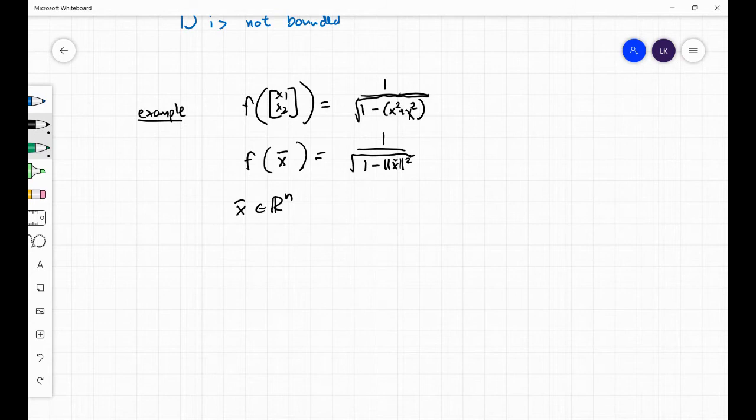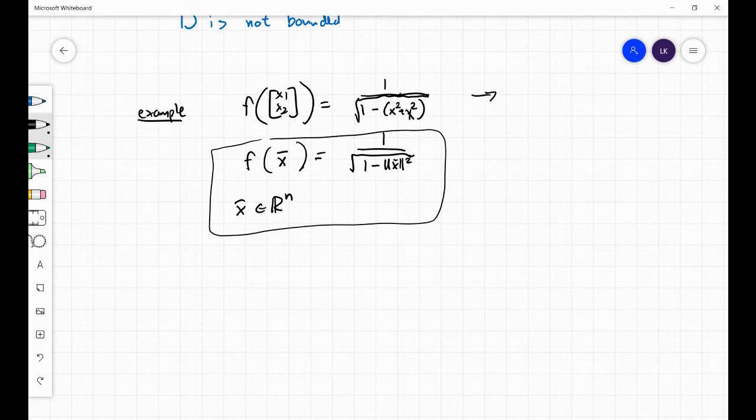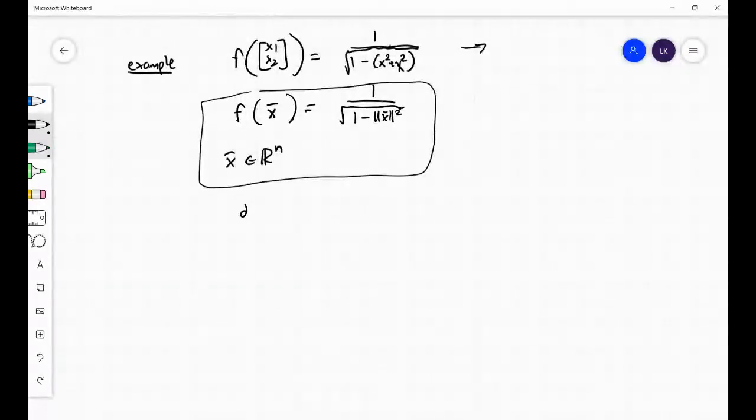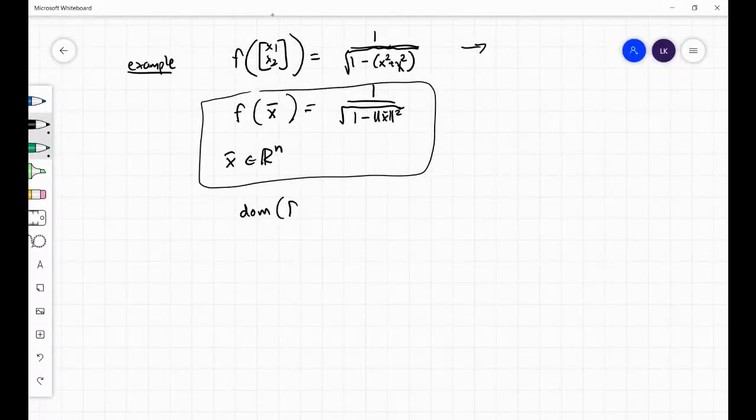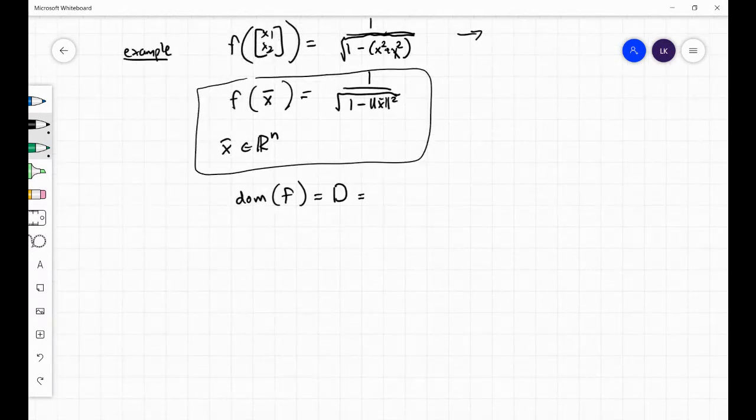All right, so what is the domain of this function? Let's work with the general case, and we can model it by drawing this case. So the domain of f, or D if you will, we have to choose points so that the denominator is not 0.